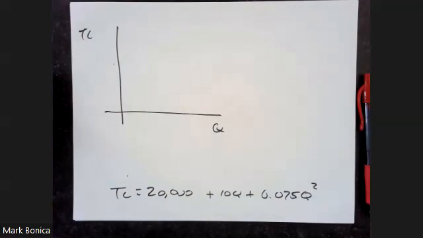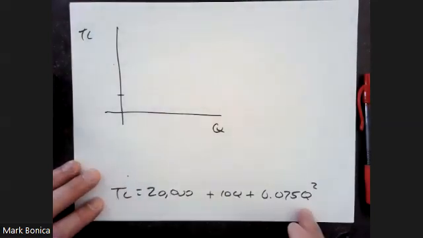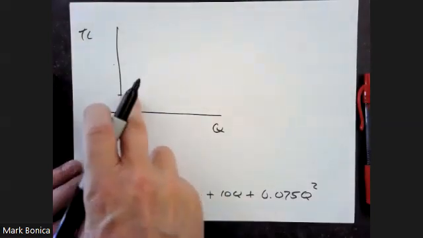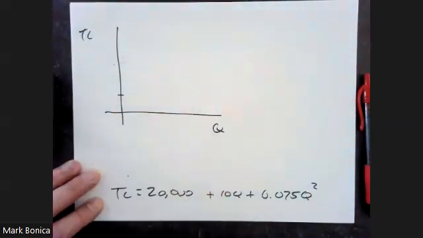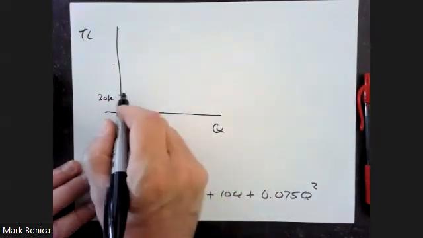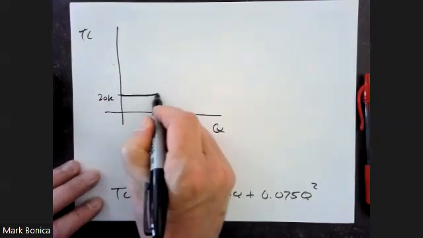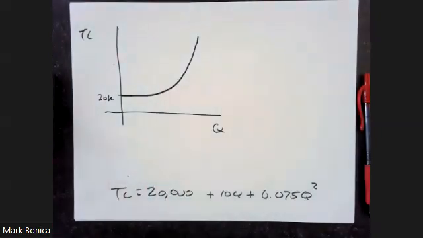When I say intercept, what I mean is, where does the line described by this equation cross the total cost line, the y-axis. That would be at 20K, and then it goes up from there with a curve.